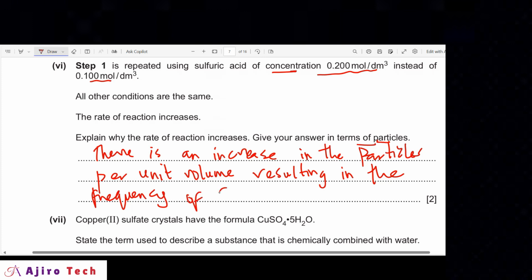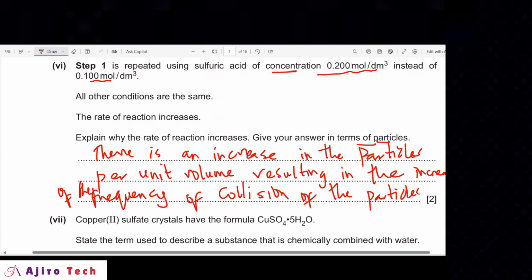It's very important to use the frequency of collision to talk about the effect of changing any factor on the rate of reaction. So we've said that when you increase the concentration, you've introduced more particles. Therefore, there's an increase in particles per unit volume, which results in an increase in the frequency of collision of the particles.